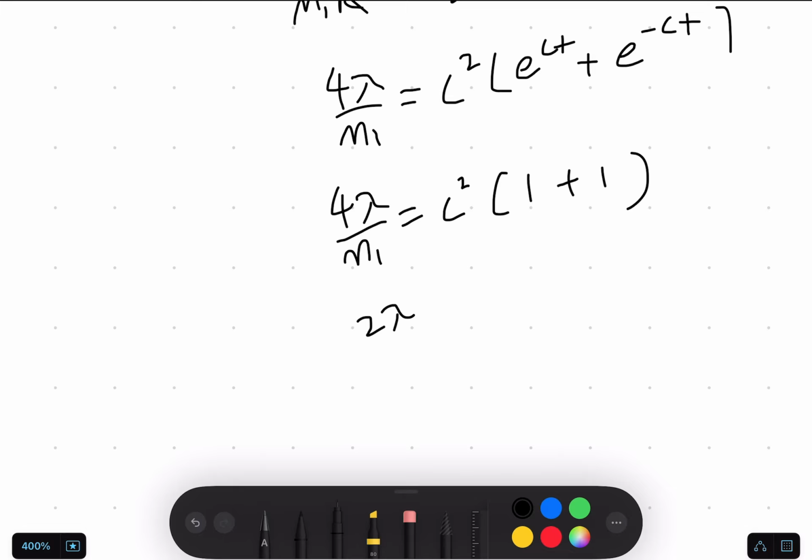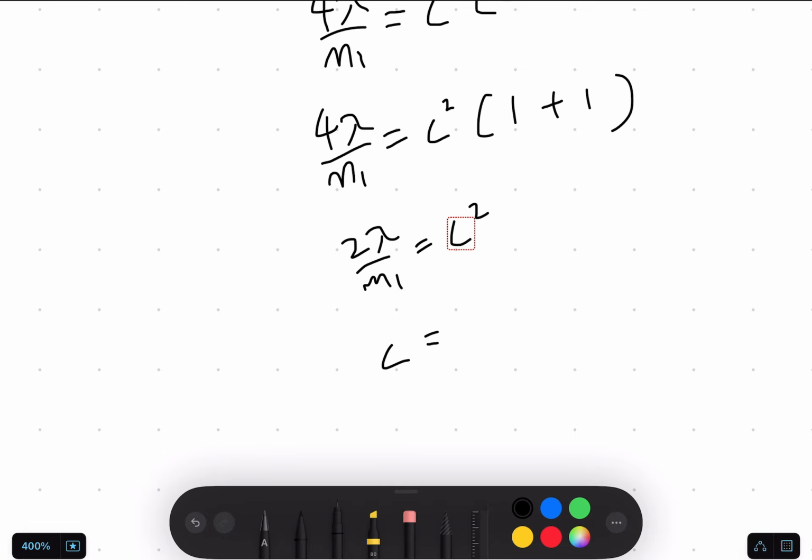So this will be 2 over m1 equal to c squared, and c is equal to the square root of 2 over m1.